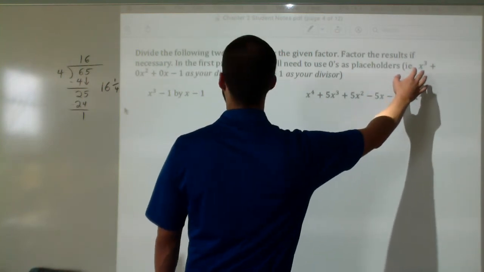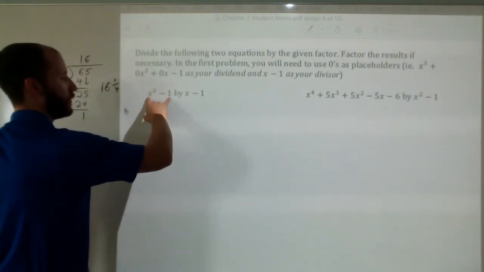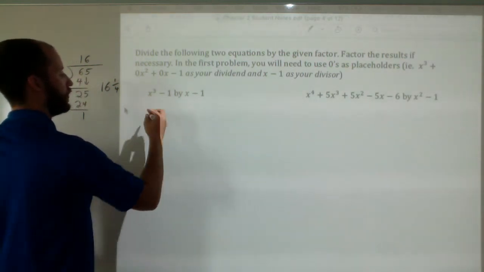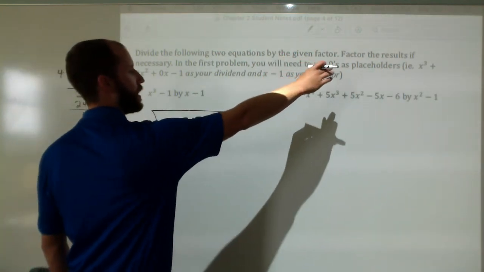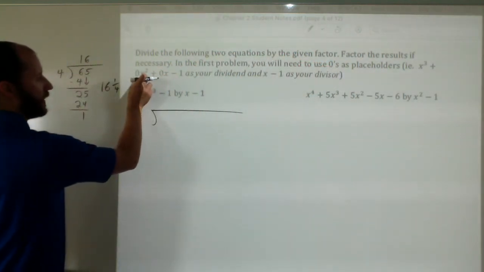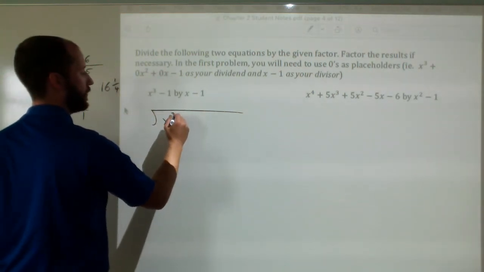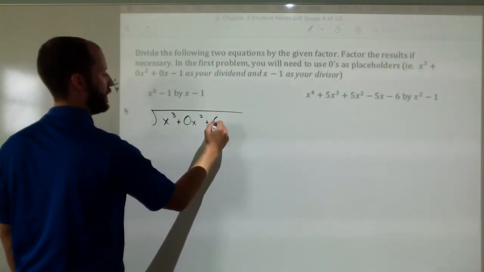For example, this right here, x cubed minus 1, we're missing the squared term and the first-degree term. So under that division, go ahead and write it out like I have it: x cubed plus 0x squared plus 0x minus 1. That's going to help you stay organized and not drop any terms.